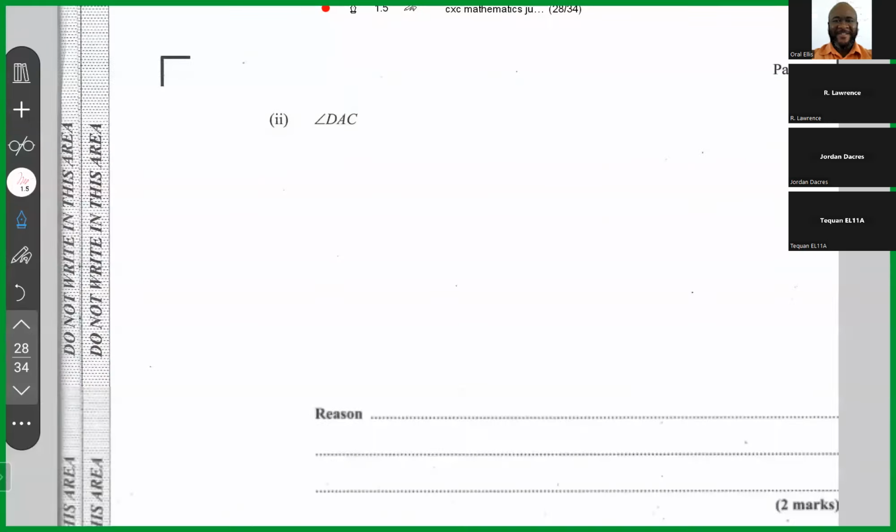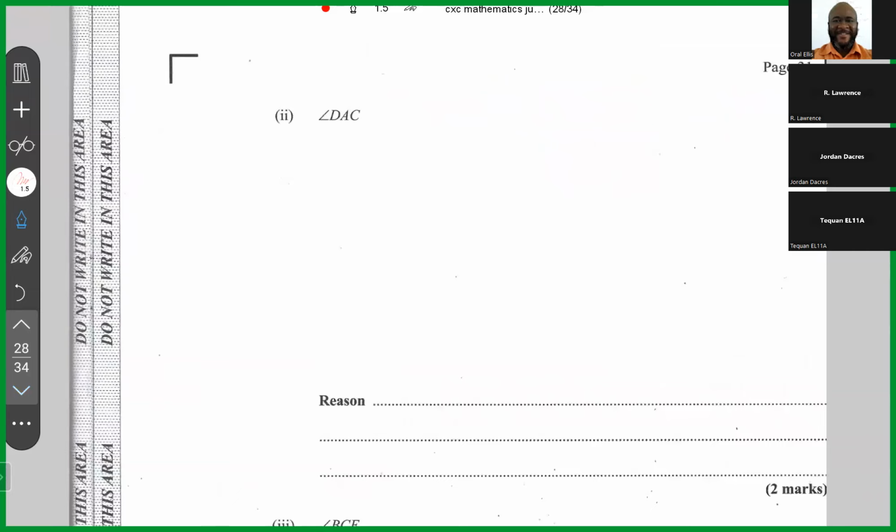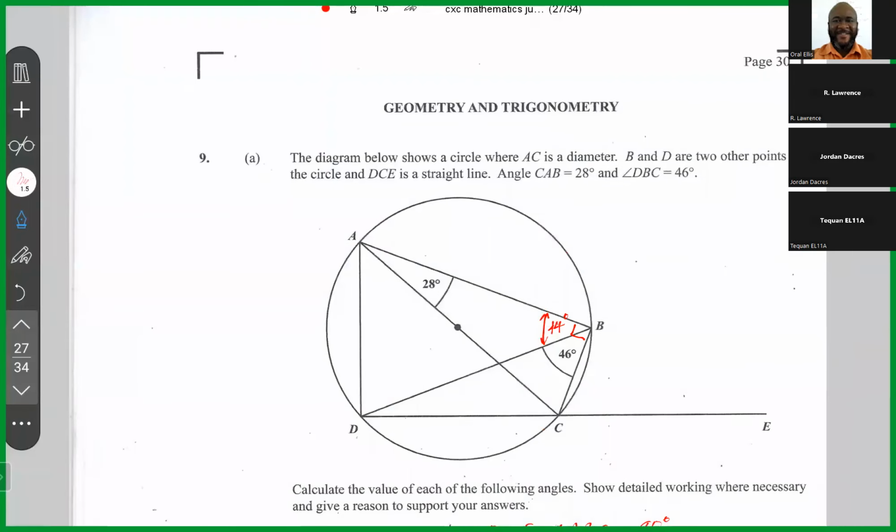All right, next we're asked for angle DAC. So let's identify angle DAC, that's this angle here. Now angle DAC is equal to 46 degrees. The reason for that is that angle DAC and angle DBC are what you call angles in the same segment.